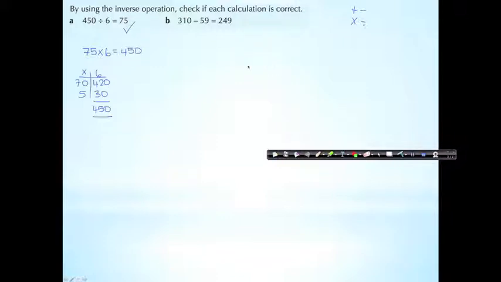For part B, I've got 310 minus 59 equals 249. So if I reverse that, I've got 249. I need to add on 59, and my answer should be 310. I can see, without doing much calculation, that the answer is not correct, because if I've got 9 plus 9, that gives me 18.